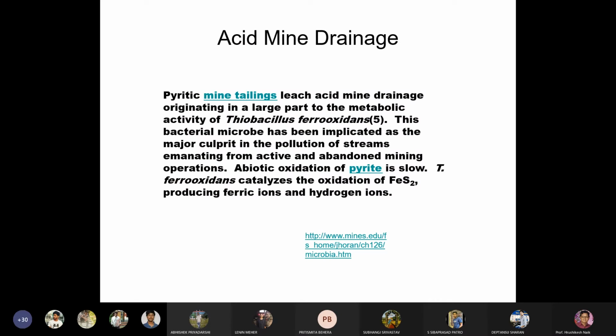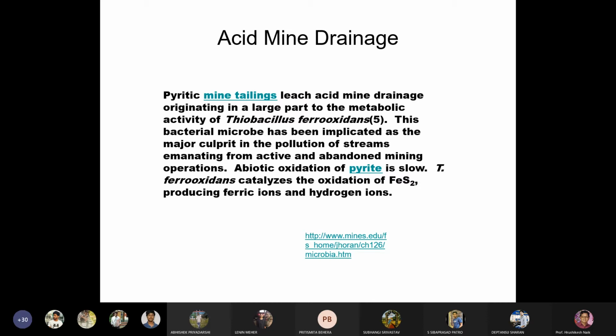If the mineral deposit contains pyritic material, the pyrite generates acid mine drainage, originating in large part from the metabolic activity of Thiobacillus ferrooxidans.